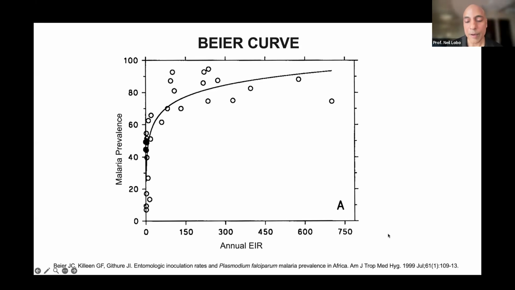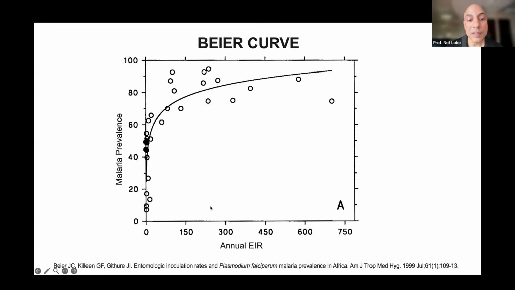So, for example, if the annual EIR is 6, that means if I'm living in that area, I get 6 infectious mosquito bites a year, which means I am infected 6 times a year. And now I know you're looking at these numbers and thinking, 450 infectious bites a year? That's a lot. And very weirdly, that is very real.